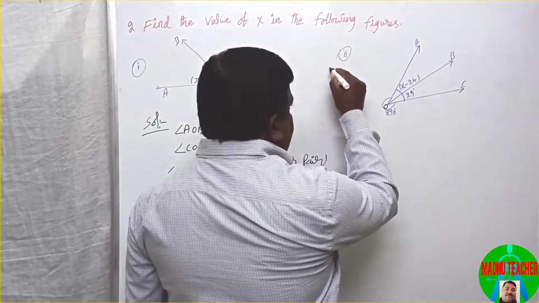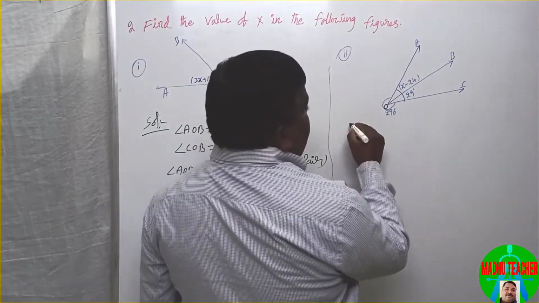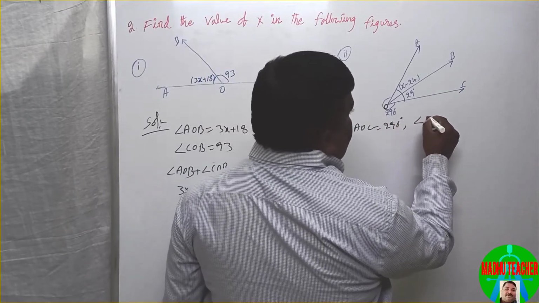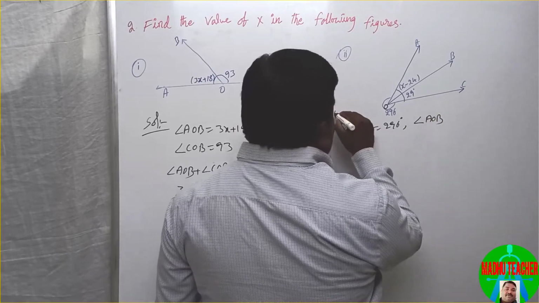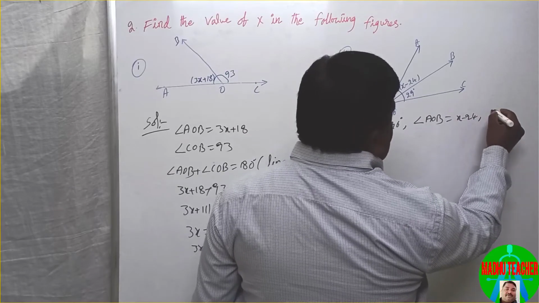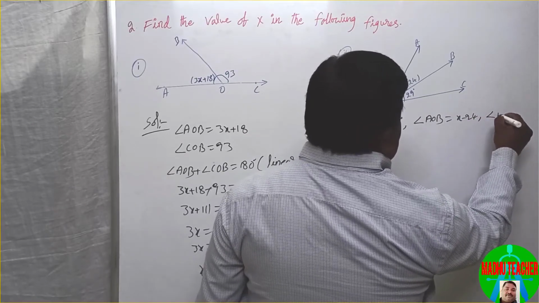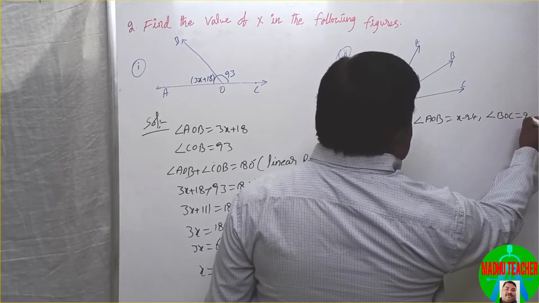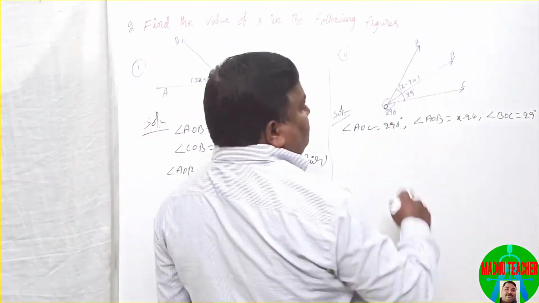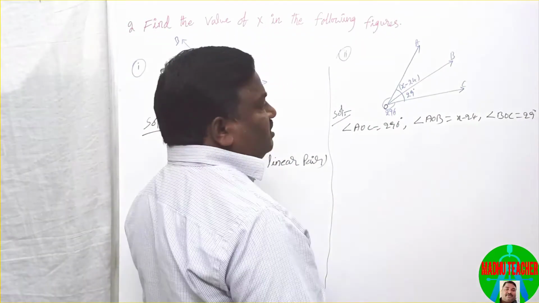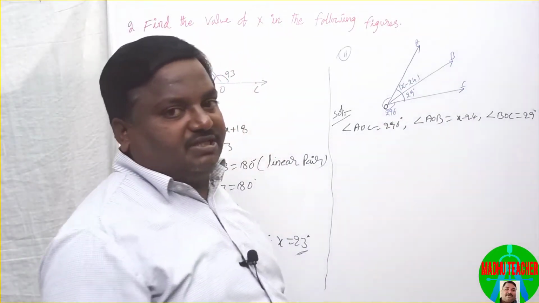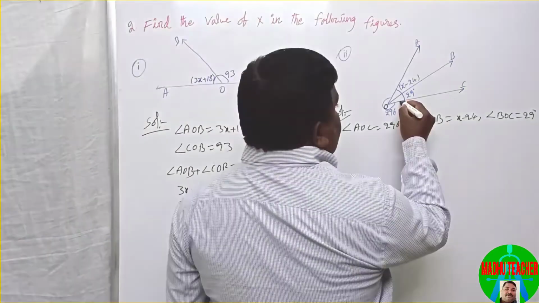First of all you have to write the given: angle AOC equal to 296 degrees, angle AOB equal to x minus 24 degrees and angle BOC equal to 29 degrees. By observing these, you can say that the sum of these three angles is 360 degrees. That is the complete angle.